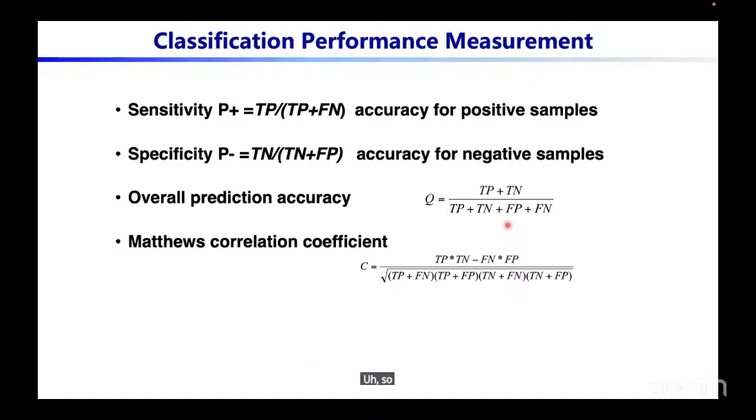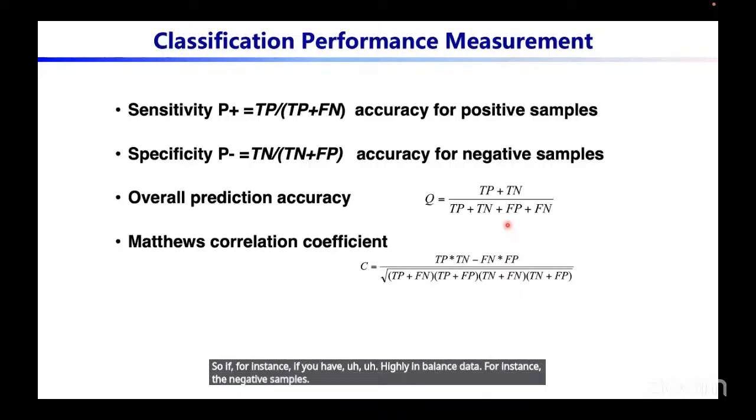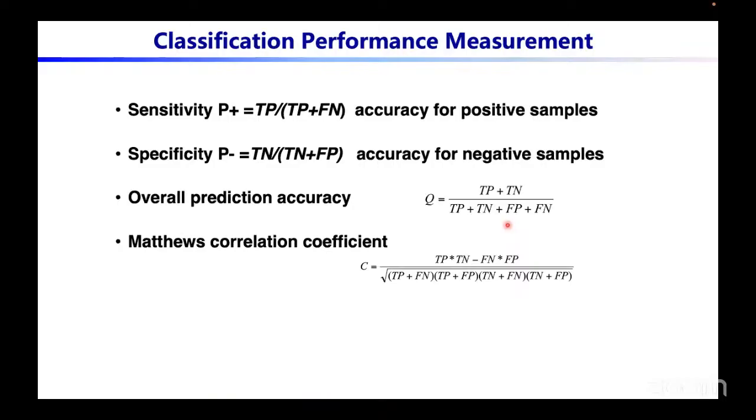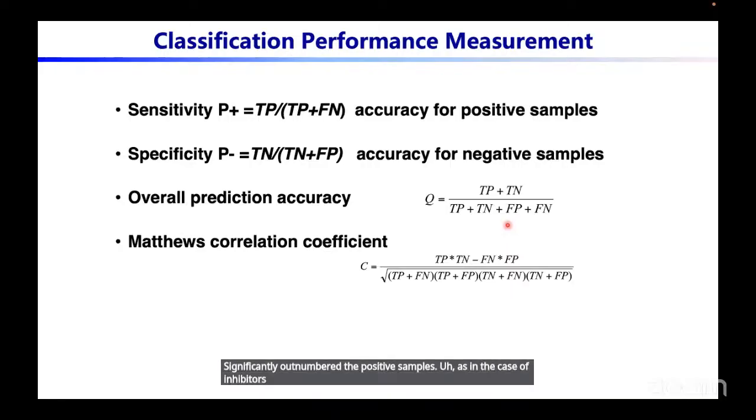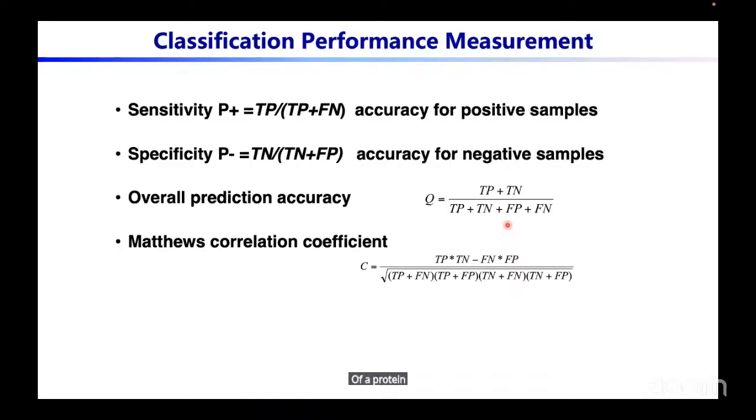If, for instance, you have highly imbalanced data, where the negative samples significantly outnumber the positive samples, as in the case of inhibitors and non-inhibitors. We know that non-inhibitors of a protein outnumber by far margins the inhibitors of a particular target.